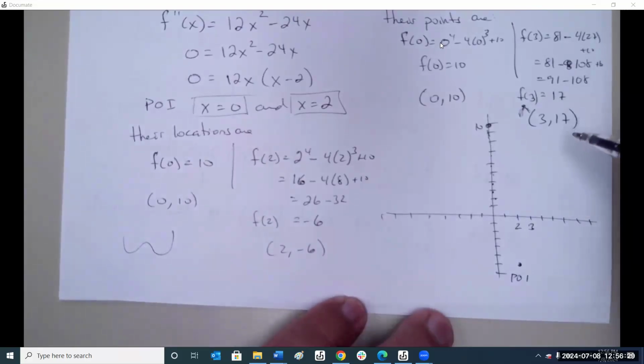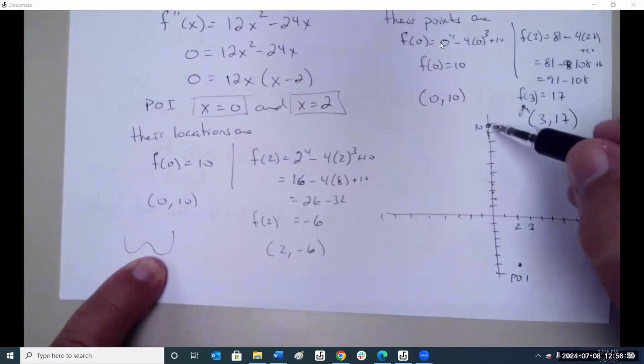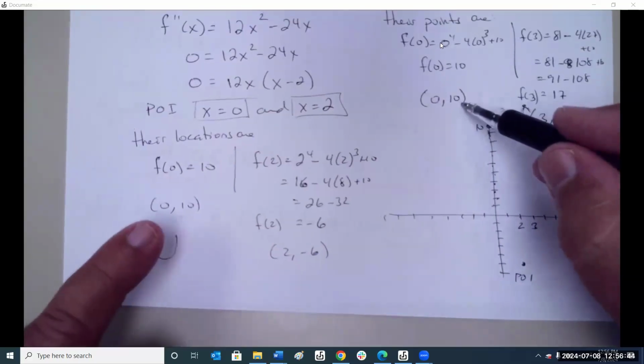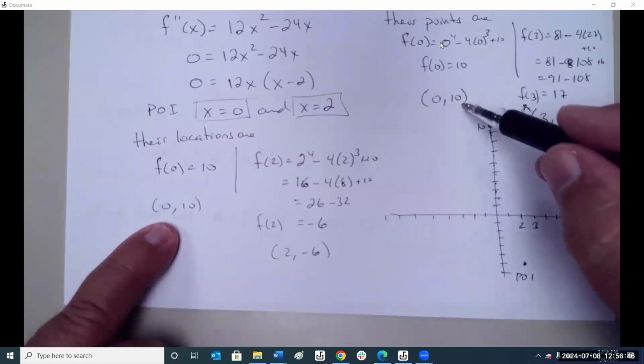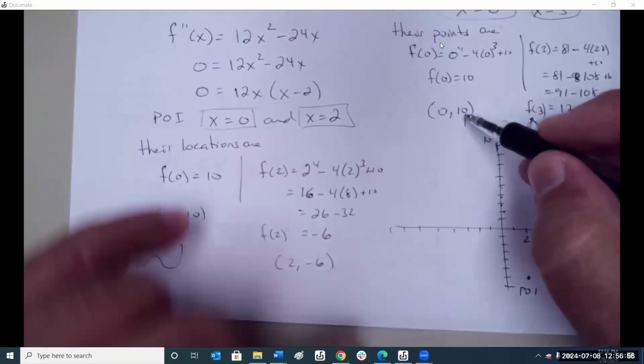Okay. We know it has to look like this since it's a positive A and its degree is 4. The y-intercept is that, but it's also a point of inflection and a vertex.